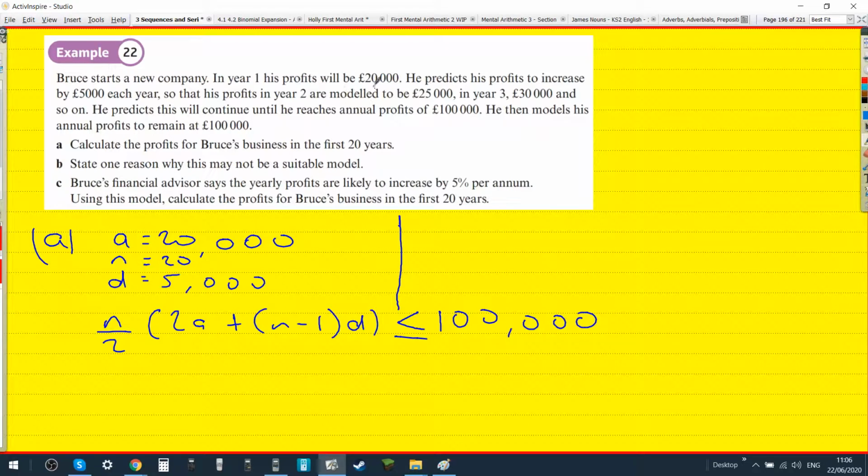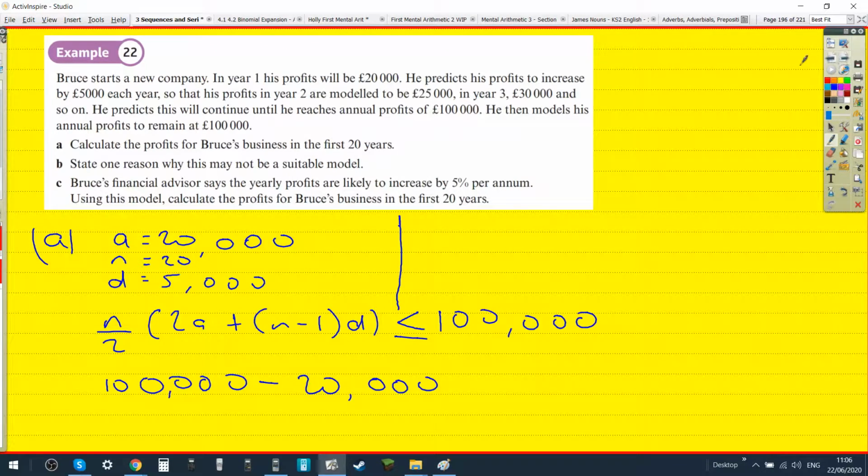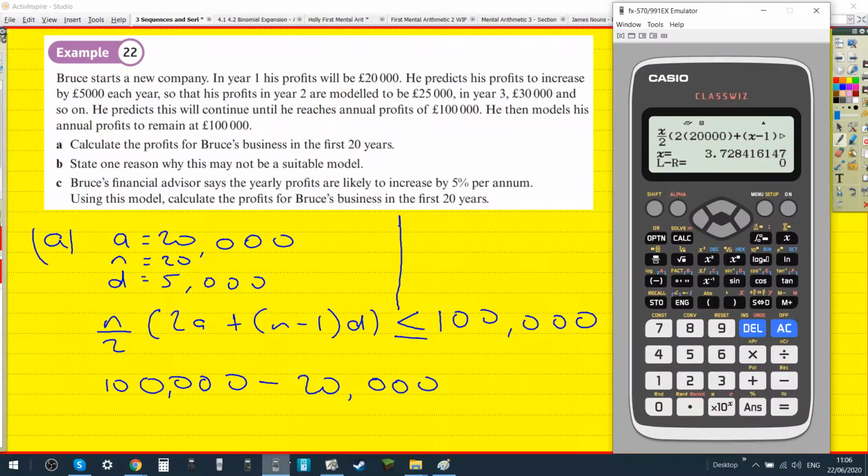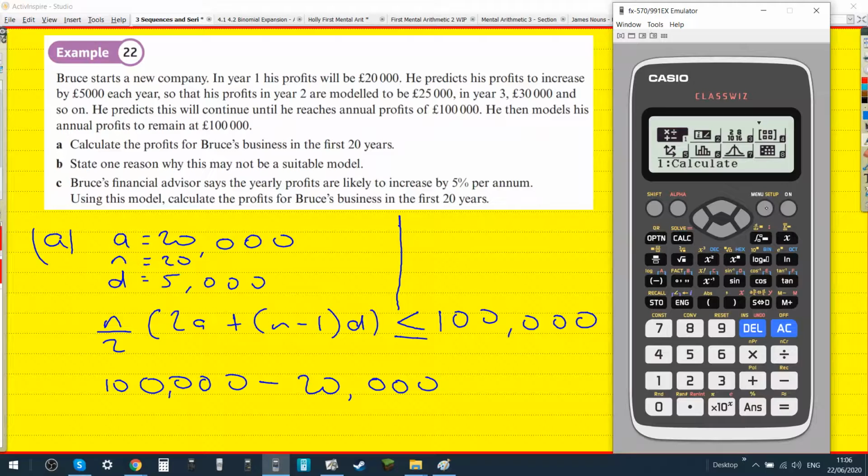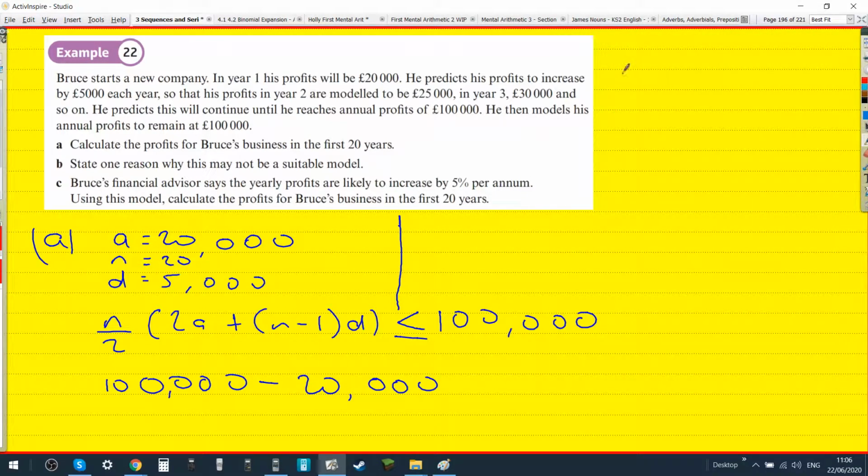Okay, 100,000, take away the 20,000 he starts with? No, even then. Let's just do it the long way.